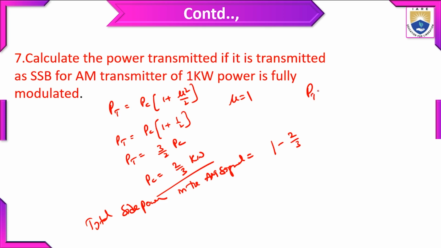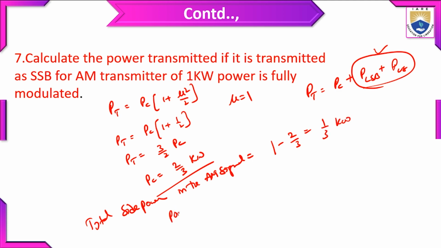As previously discussed, PT is equal to PC plus PLSB plus PUSB. So this is the sideband power, and I require this sideband power, so PT minus PC. PT is 1 kilowatt minus this 2 by 3 kilowatt, which gives 1 by 3 kilowatt.